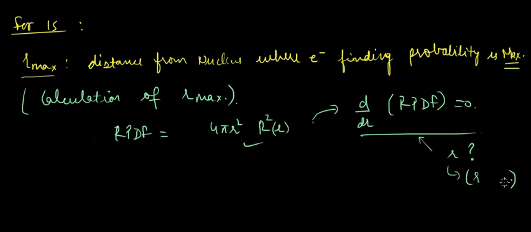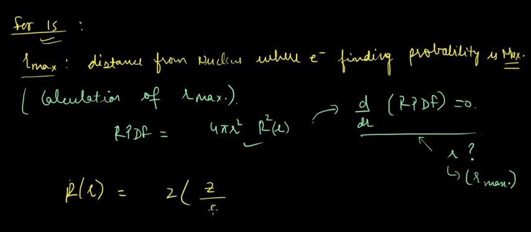Let's get started. Just substitute the value of capital R for the 1s orbital, as we are looking at 1s specifically.